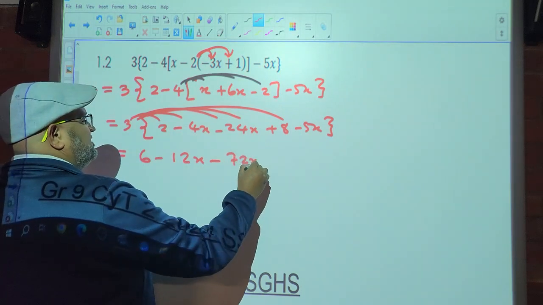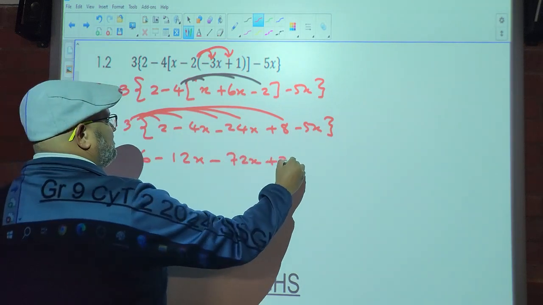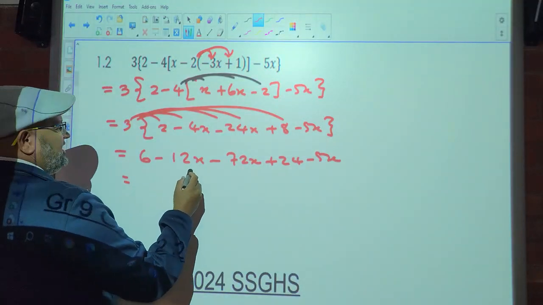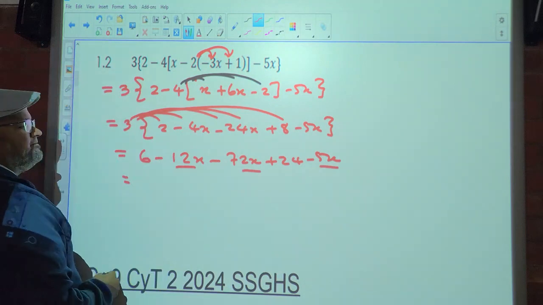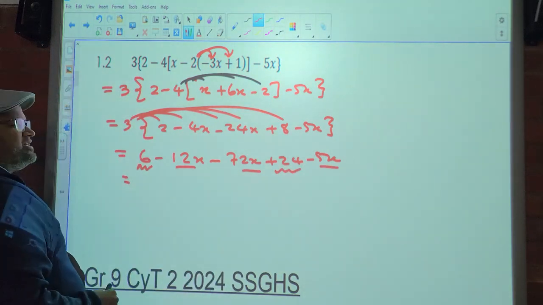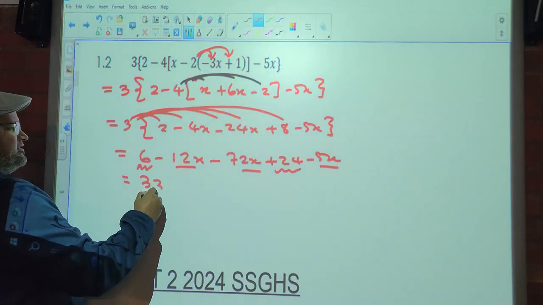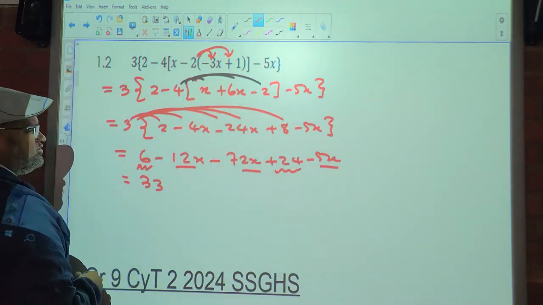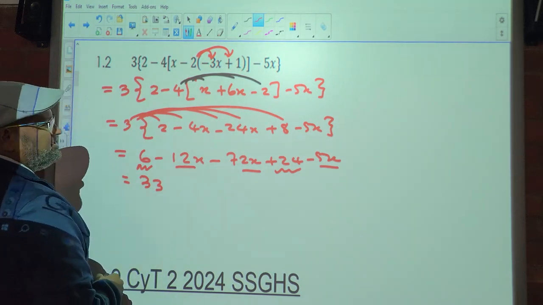Is that correct? Plus 24 minus 5x. Now it's just a matter of adding like terms. That, and those two. So what is 6 plus 24? 33. Minus 12x minus 72x is negative 84x.